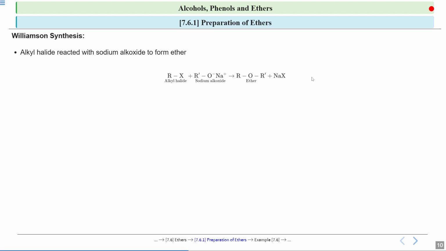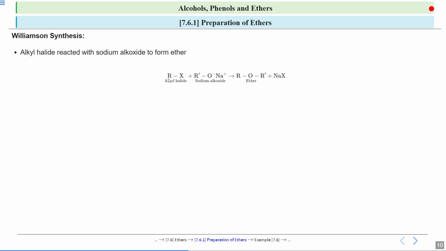Now see here, you have an alkyl halide, that is RX, and you have a sodium alkoxide, that is R dash O minus Na plus. Now what will happen in this reaction, in brief? This oxygen has an electron density, so it will attack with its electrons on this R group.